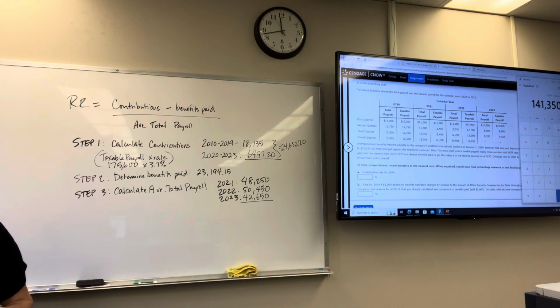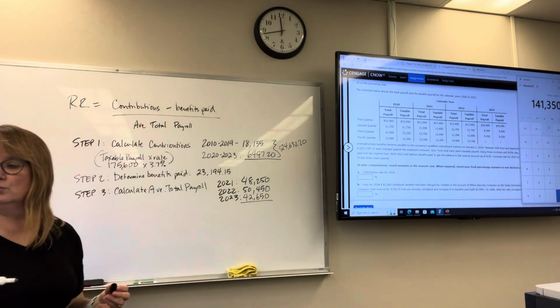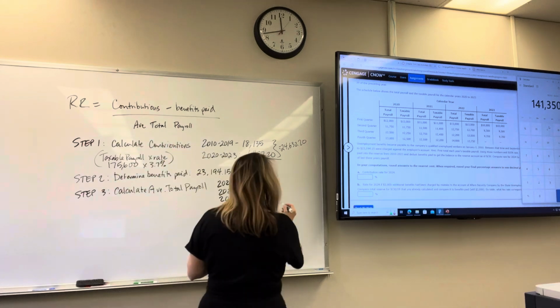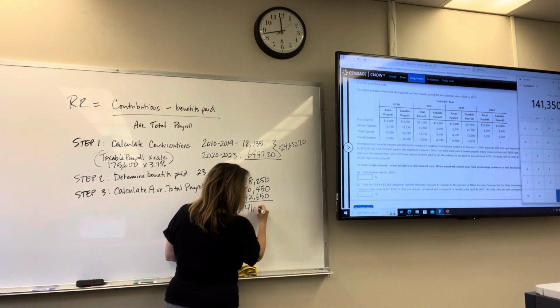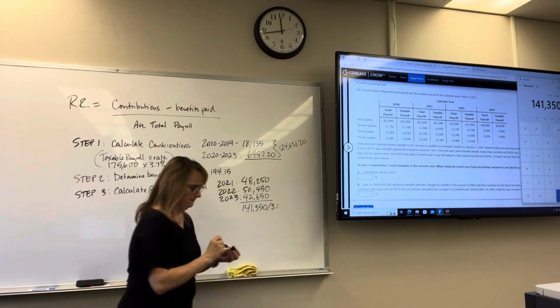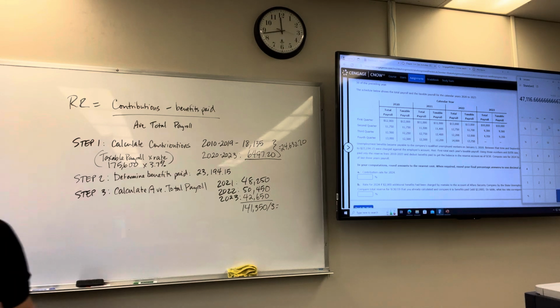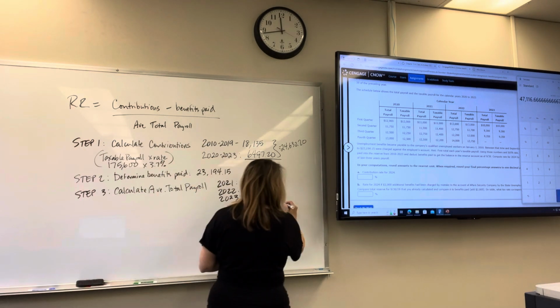Is that what everybody else is getting? Yeah. That sounds a little bit more. Yeah, it doesn't make sense. 141,350. And then we divide it by 3 to get our average. 47,116.67.